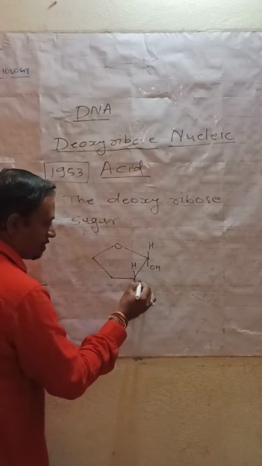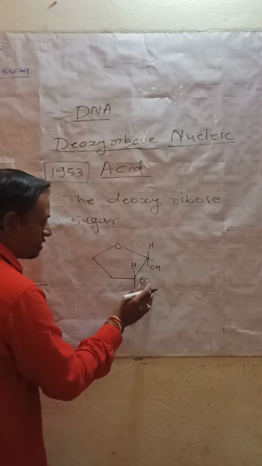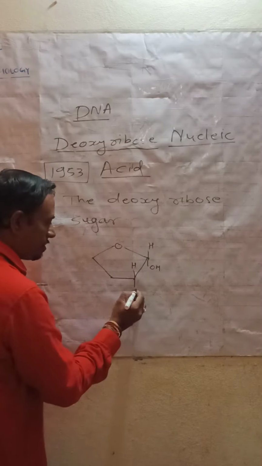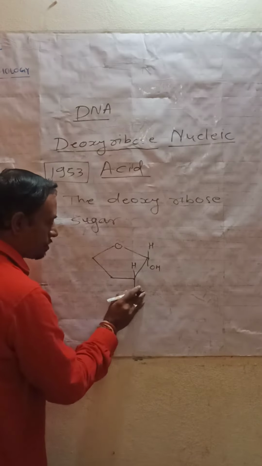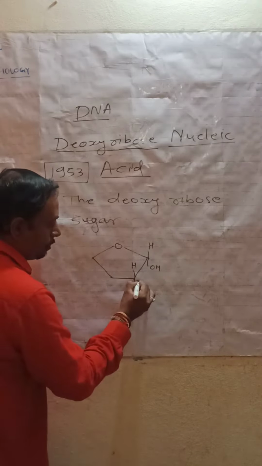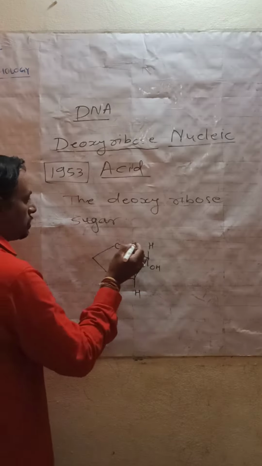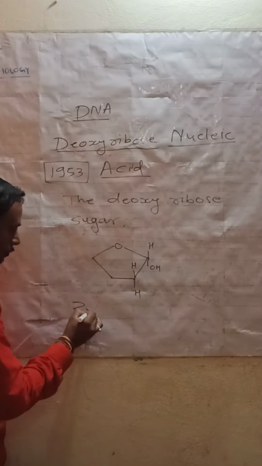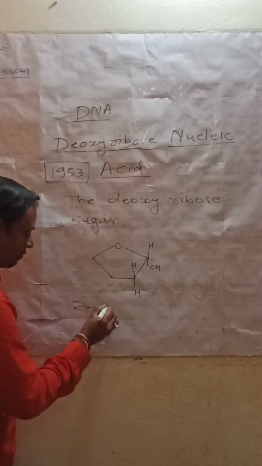It has no oxygen at second carbon. So its another name is 2-deoxyribose. It is also known as 2-deoxyribose.